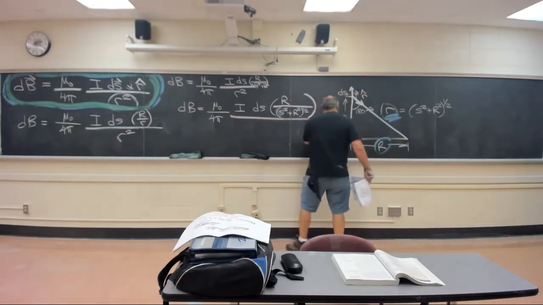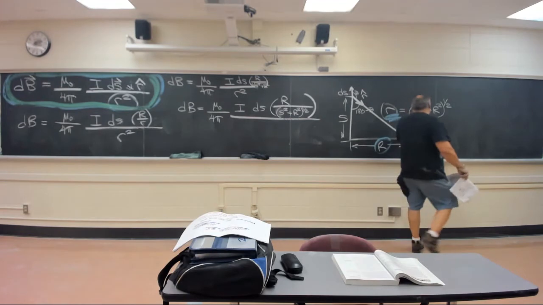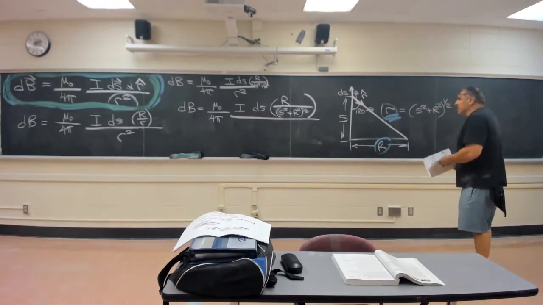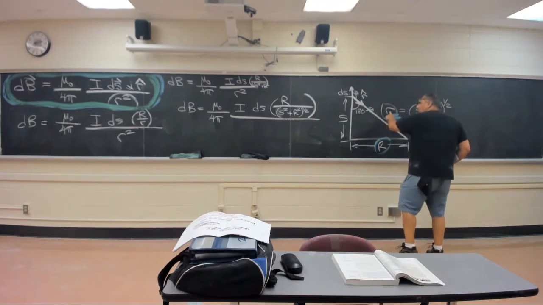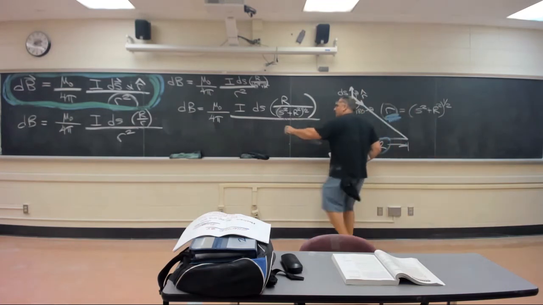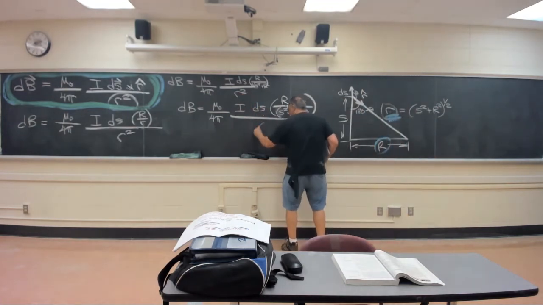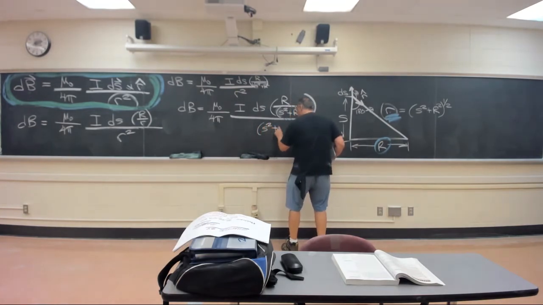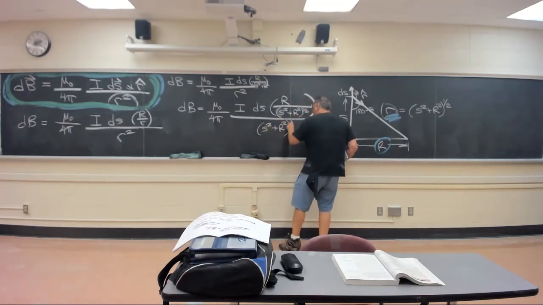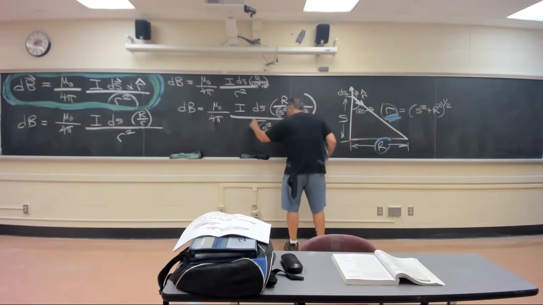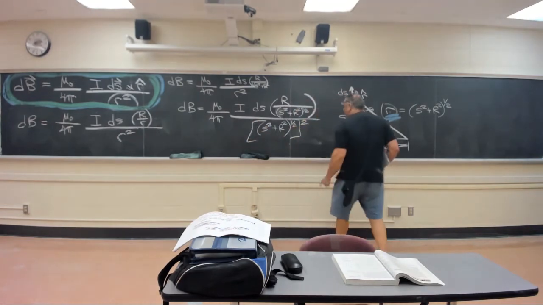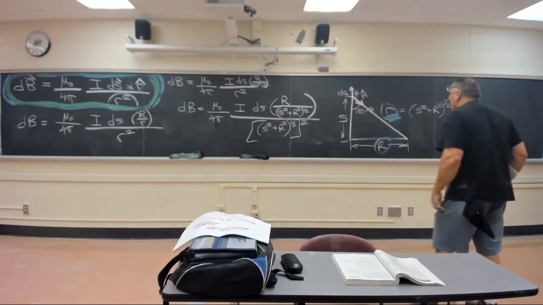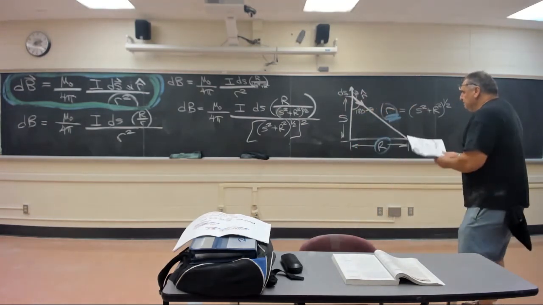Well, we already said that R was the square root of this. So small r on the bottom is s squared plus r squared to the 1 half. That's R squared. Well, 2 times a half is 1. You know where that's going to go.